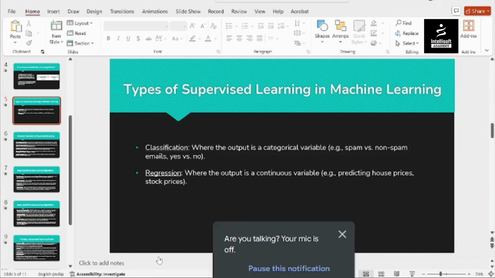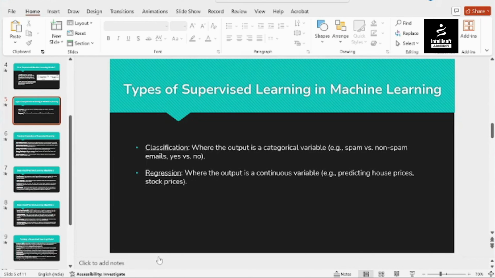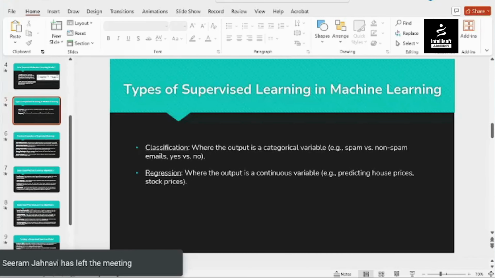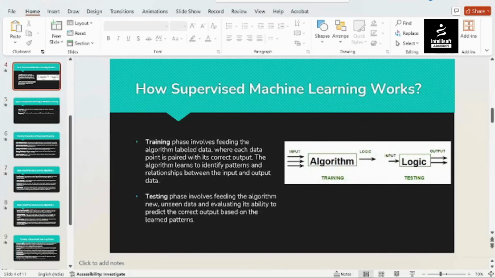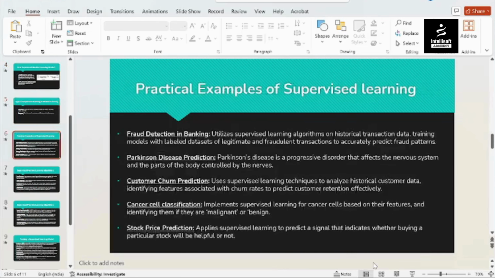There was a problem and I'm ready to fix it. Just do it. Is it now showing examples of supervised learning?